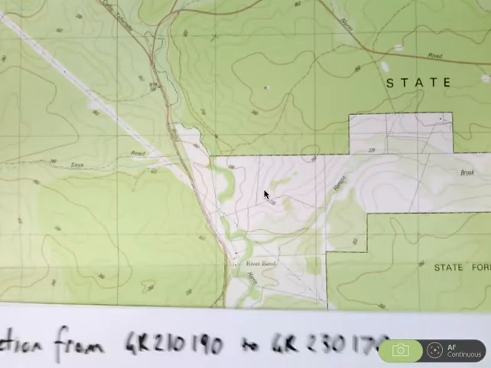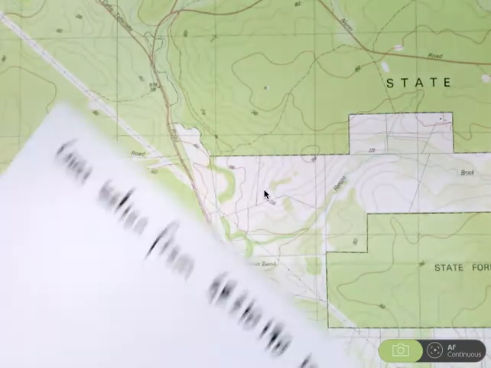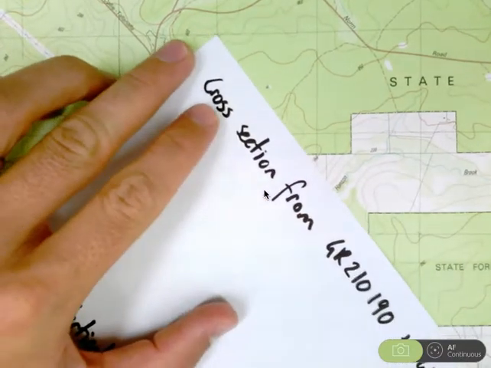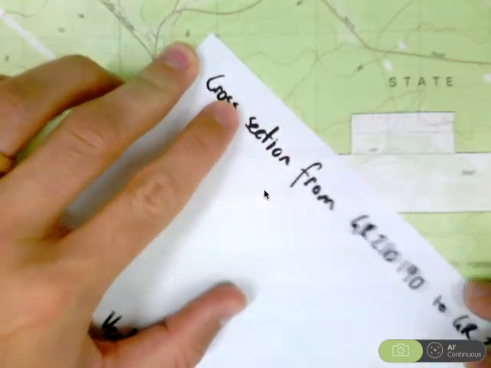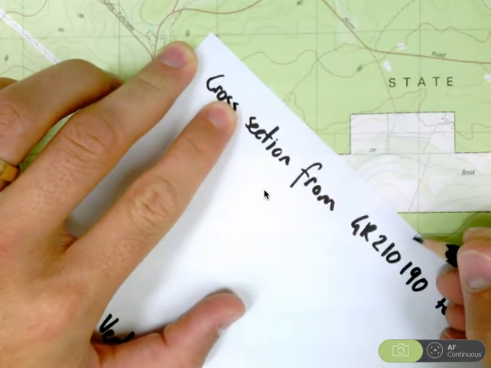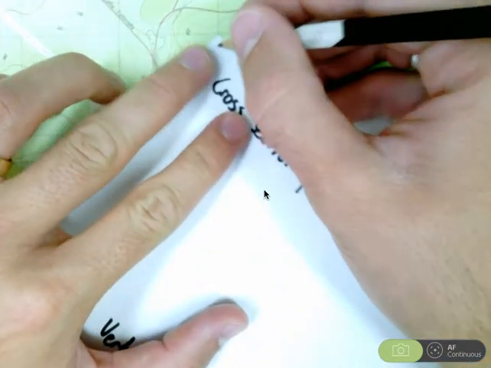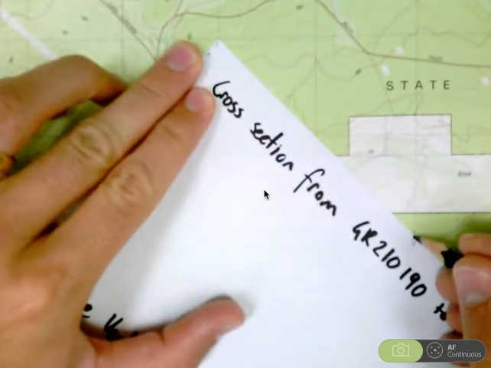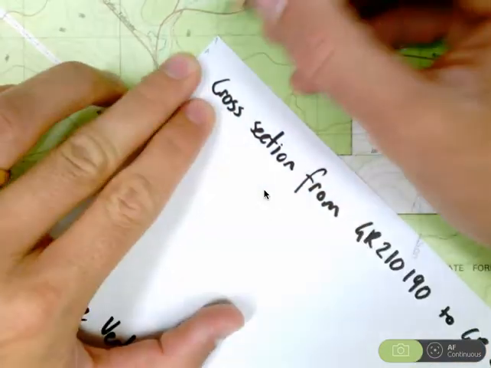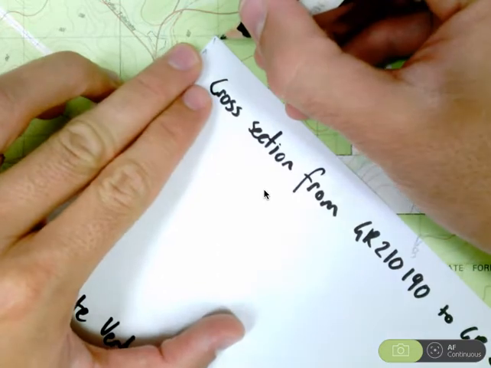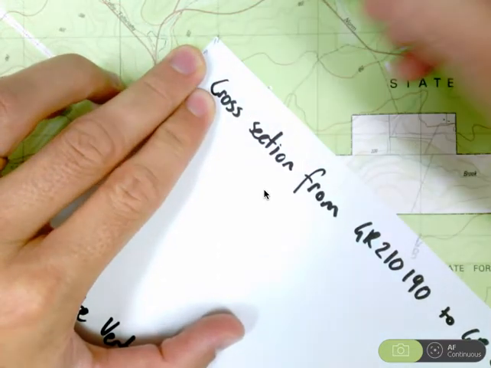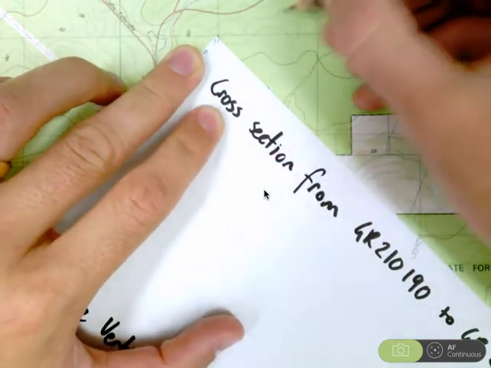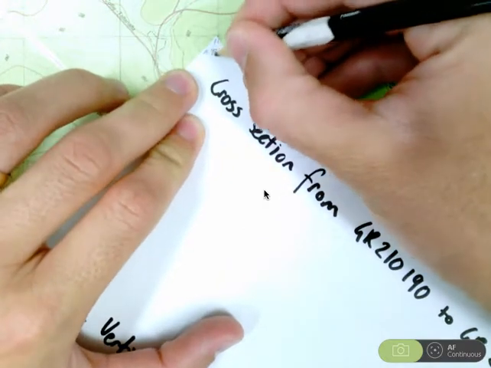Okay, so the first step that you need to do is take the edge of your piece of paper, starting at one end from A to B. You're going to mark all the contour lines that fall across, recording what they are. So this is 230.